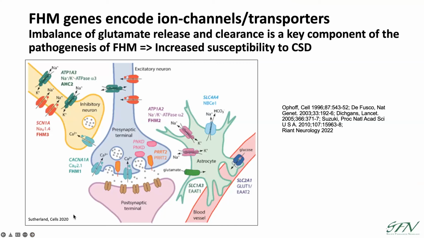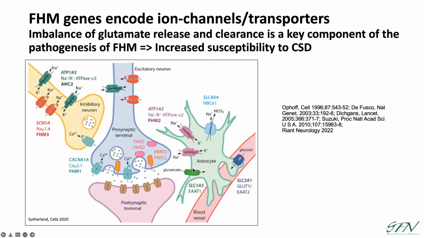So this is a picture of all the genes that have been identified in familial hemiplegic migraine. There are several genes that have been identified. Four are major genes, and all these genes encode ion channels or ion transporters, which are important for the communication between cells in the brain, between different neurons, and also between the neurons and the glial cells.